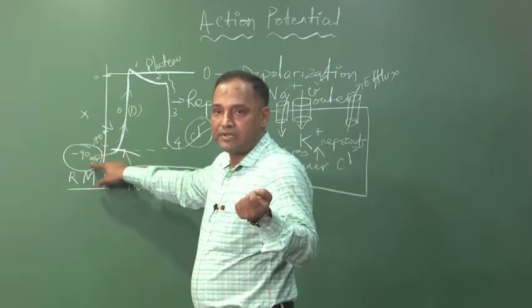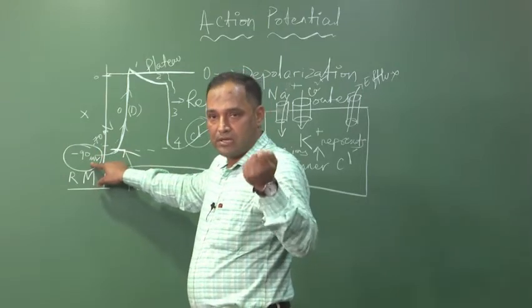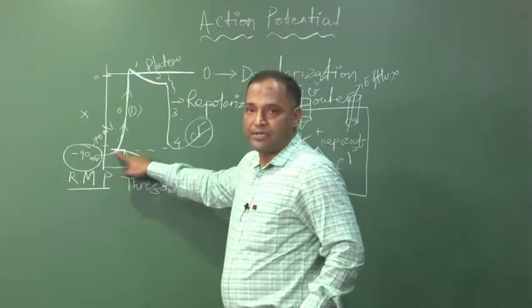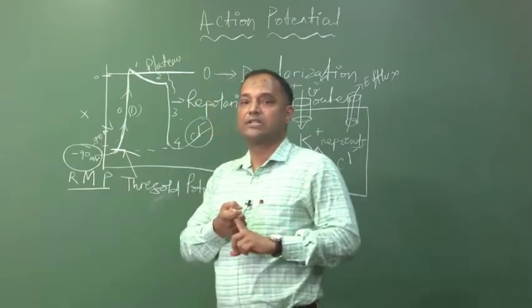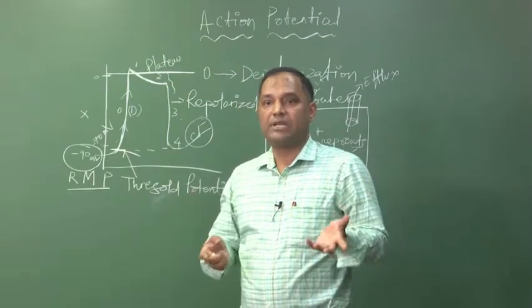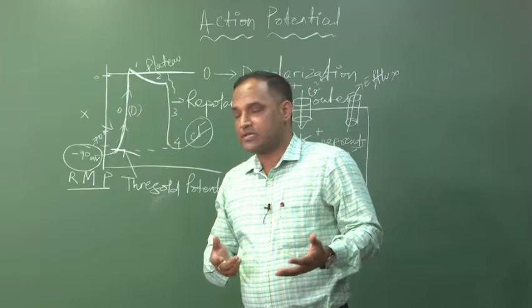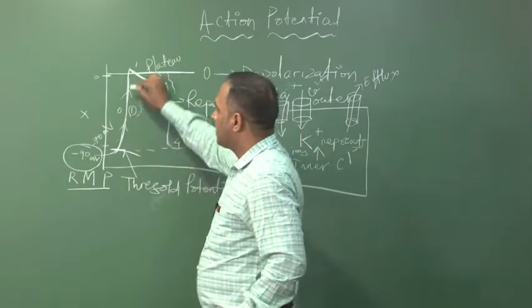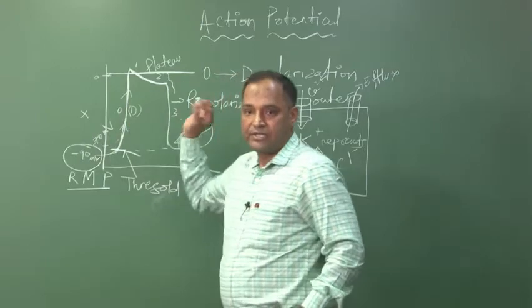After the initiation of things, it goes up to minus 70 millivolts, which is a threshold potential where things will work, and move for propagation. After here, the depolarization starts, which represents the 0.